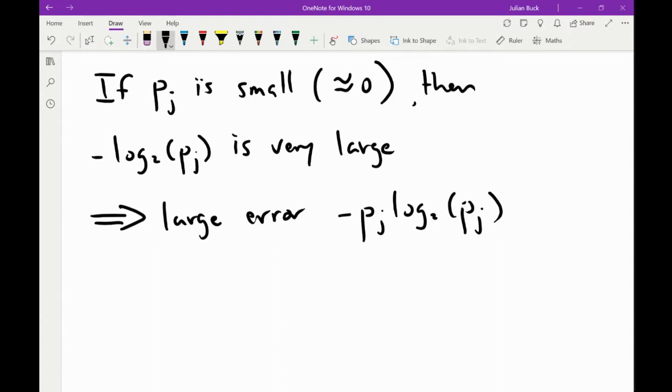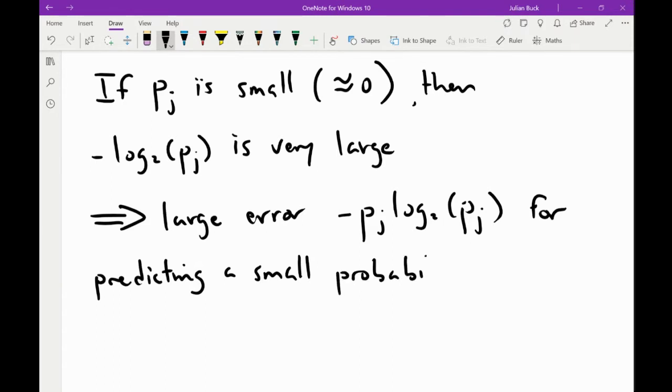So we get a large error for predicting a small probability for the correct class. So we said it was very unlikely a data point was in class J, but it actually is. And because we said we had a low probability prediction for it being in the right class, we're giving a big error for that.